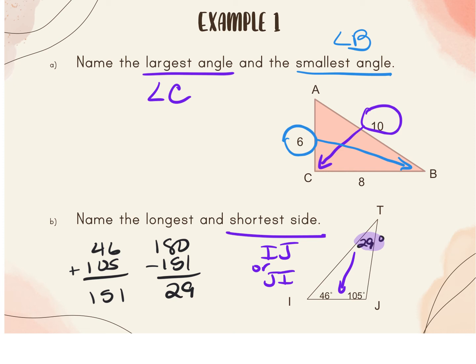Now to find the longest, I need to find the biggest angle, which is the 105. So the longest side is going to be IT or TI. It's always across from the biggest angle measure. You needed to find angle T first before you could figure out the longest side of the triangle and the shortest side of the triangle.